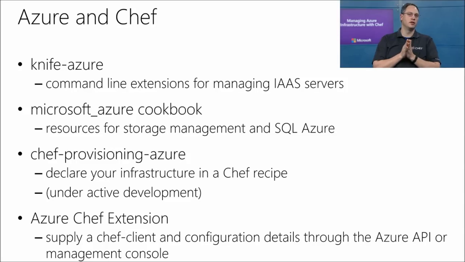Great. So there's actually a handful of tools that we have available to us in the Chef ecosystem for managing infrastructure on Azure with Chef. The first off is Knife-Azure. That's a plugin to Knife, which is a general purpose command line tool that gives us the capability to bootstrap nodes on Azure to just tell it, hey, go create some machines for me, whether they're Windows, Linux, whatever.